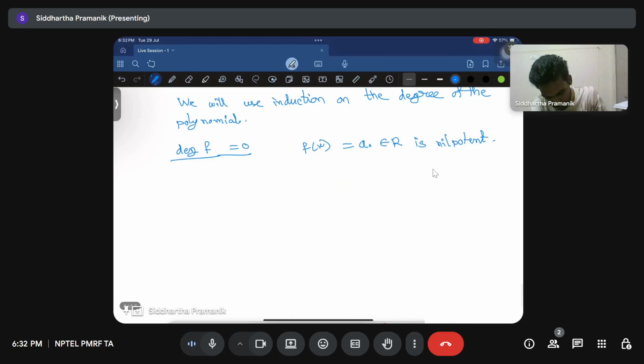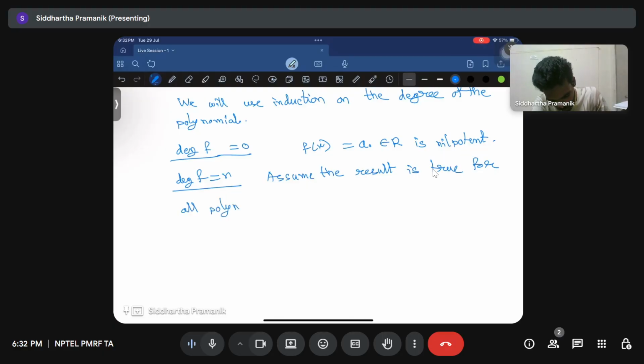Now the induction step. The degree of f is equal to n. Now assume the result is true for all polynomials in Rx with degree less than or equal to n minus 1.